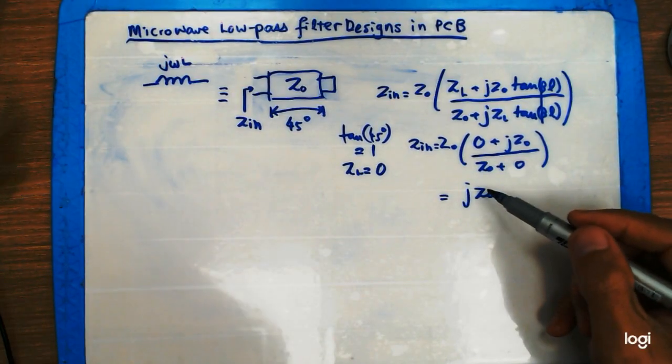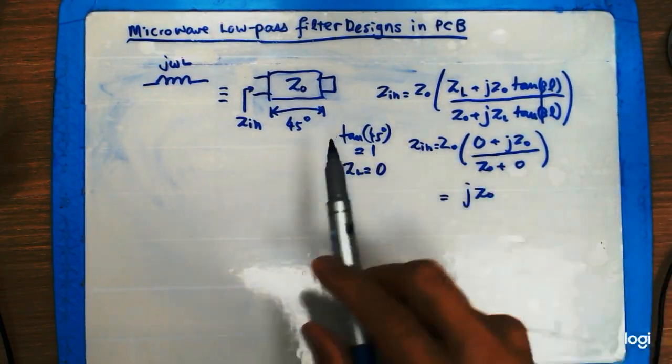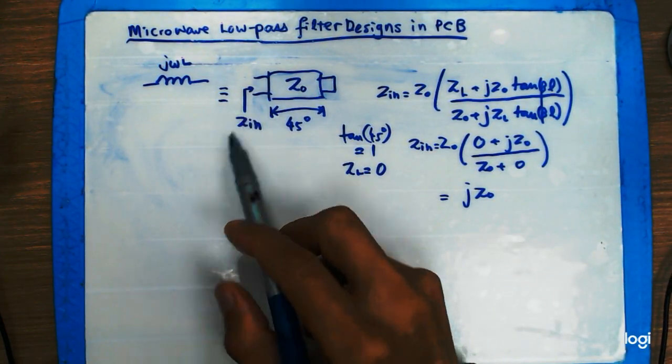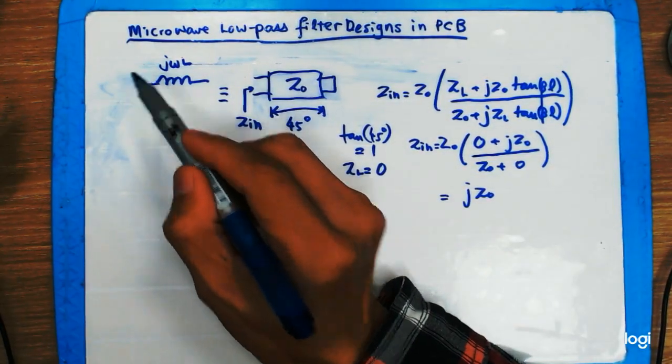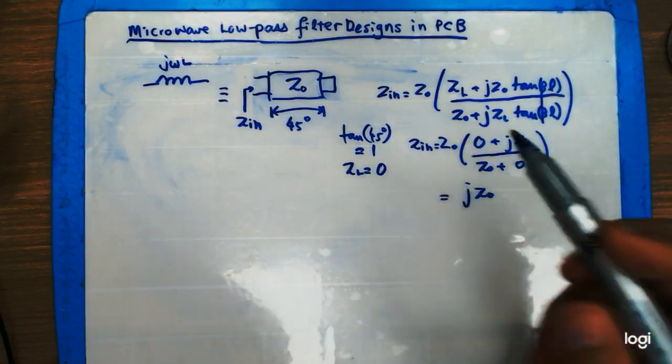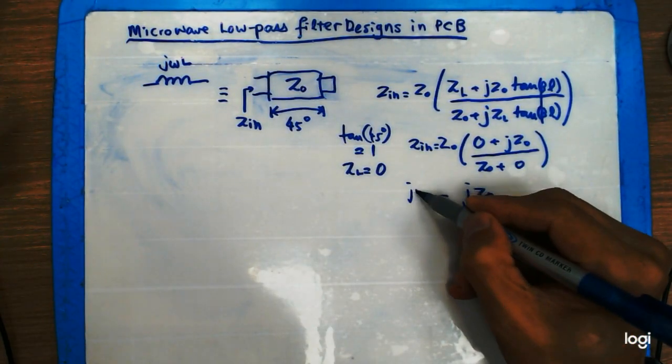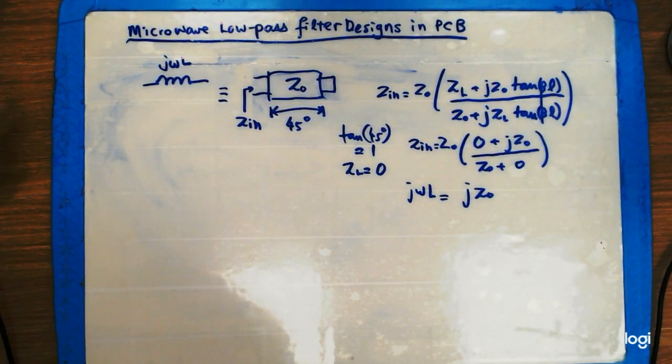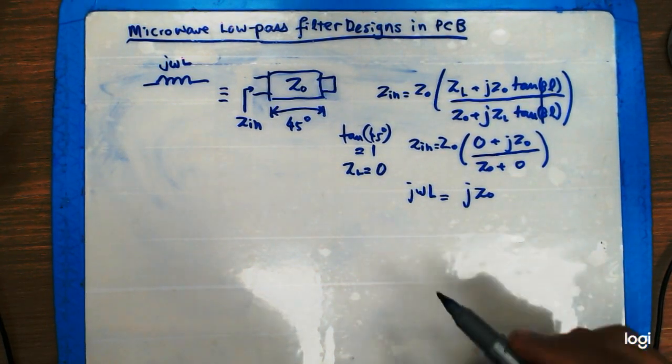So in other words, in order for the input impedance to be equal to this inductive value, we can just make sure we use this.